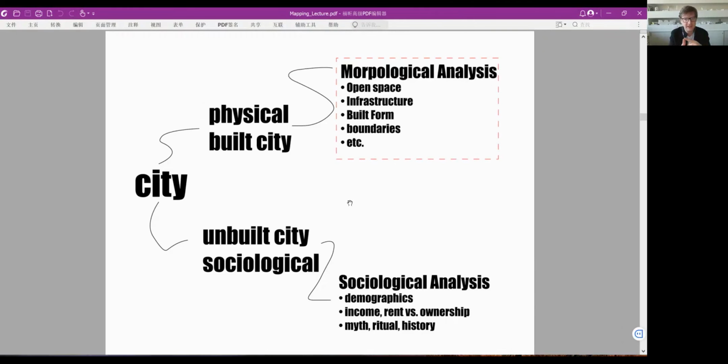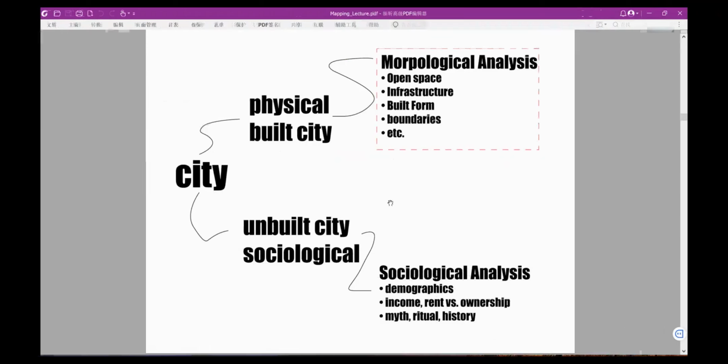You will check the open spaces, the infrastructure, the built form, the boundaries, etc. So the physical space. The sociological analysis could contain demographics, income, rent versus ownership, history, religion, myth, and so on.